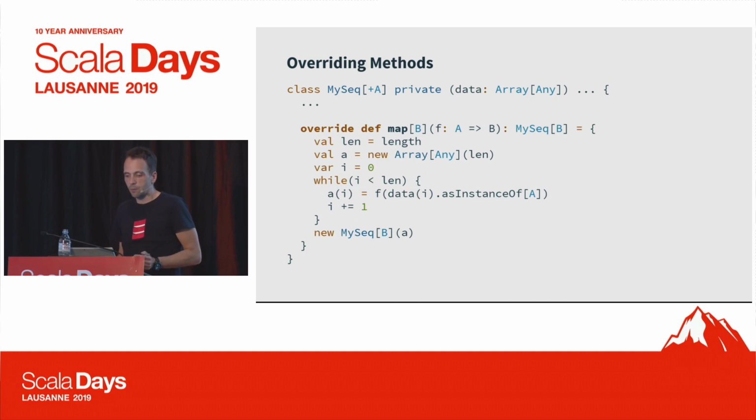That's all gone. So the map method that you override looks exactly as you would naively write it. And the implementation is totally straightforward. This is just a simple example where we use the array to our advantage, and we return a MySeek in the end. There's nothing special about this.